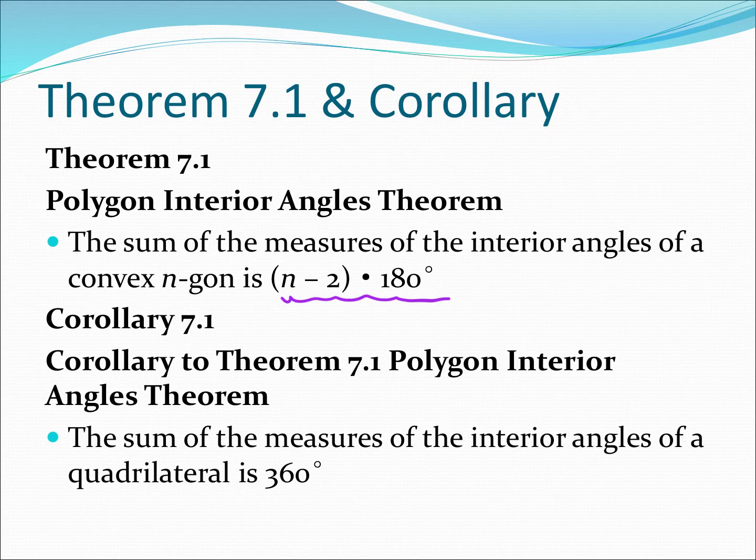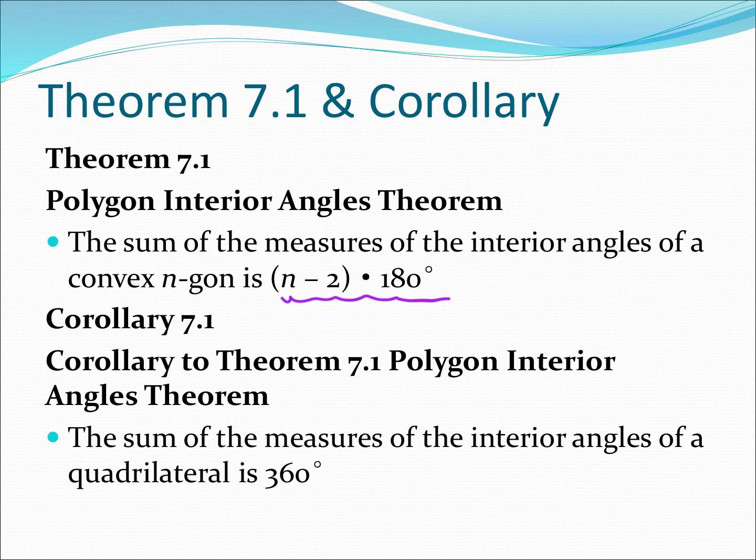Then the corollary to theorem 7.1, which is the polygon interior angles theorem, is the sum of the measures of the interior angles of a quadrilateral is 360. Just like before, we memorized that the interior angles of a triangle are 180. Here you can also memorize that the interior angles of any quadrilateral will always be 360.